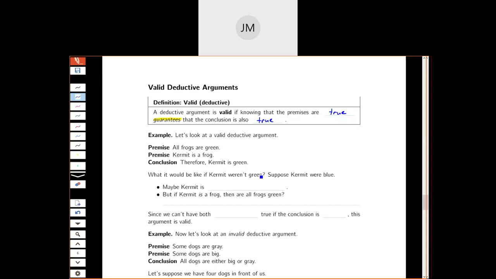So it might be the case that maybe Kermit is not a frog. If Kermit is a frog, and we're supposing Kermit were blue, then are all frogs green? Well, no. Kermit is a blue frog.